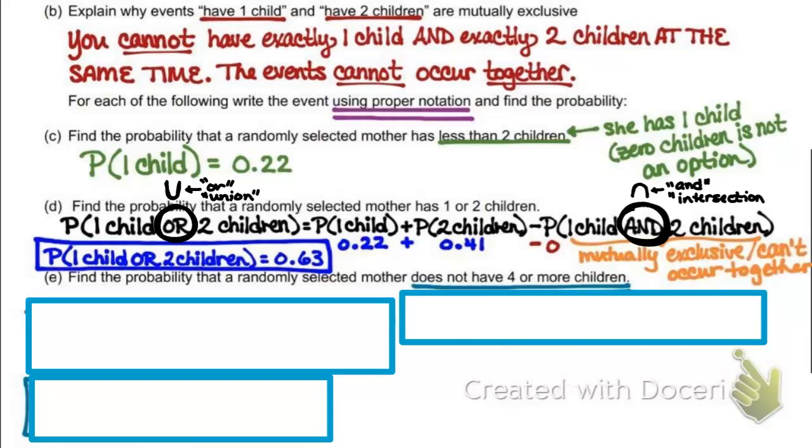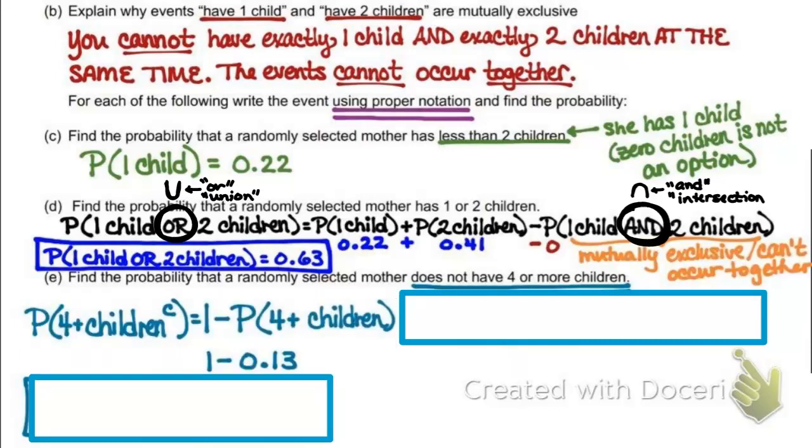Find the probability that a randomly selected mother does not have 4 or more children. Does not have 4 or more children. What did you say? 0.87. So my notation on this, 4 plus children complement. This right here is what I use to indicate not. So that'd be 1 minus the probability that she does have 4 or more children.